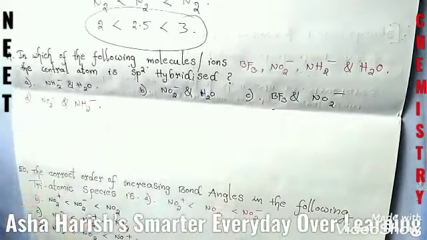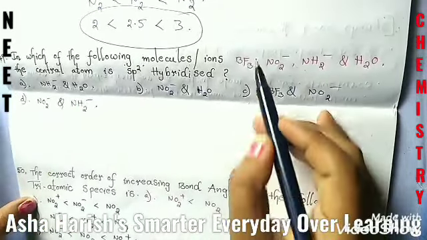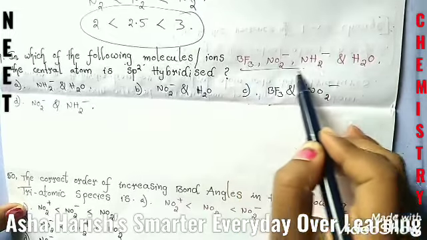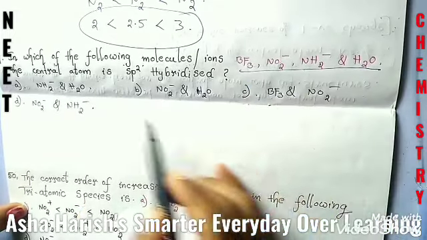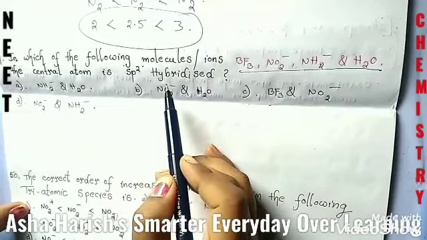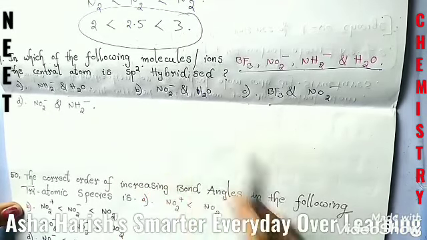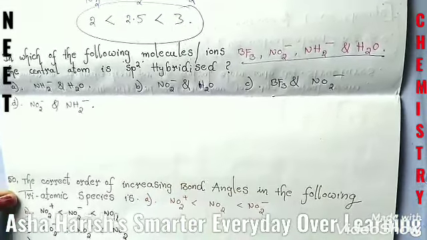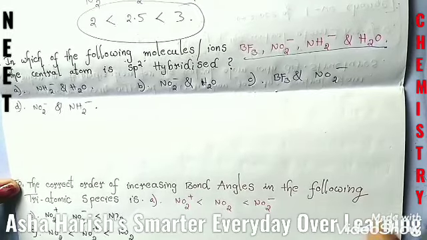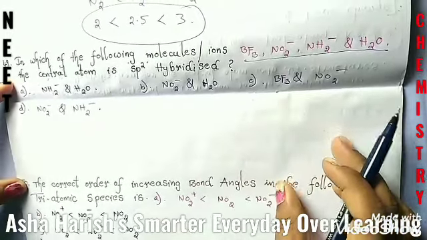In which of the following molecules or ions, BF3, NO2 minus, NH2 minus and H2O, is the central atom sp2 hybridized? Here students, you already know the formula for calculating the hybridization of the central atom.